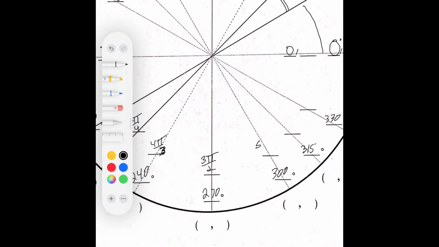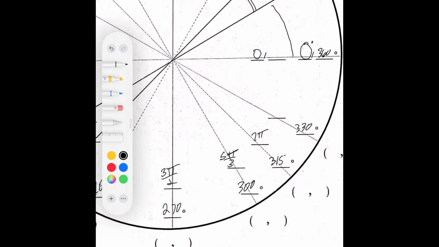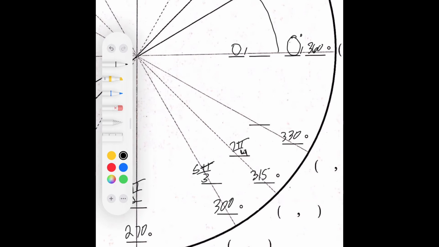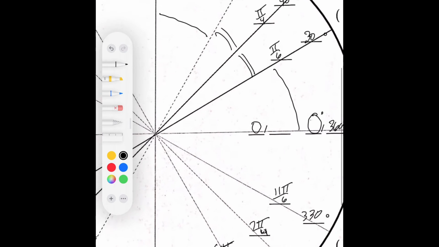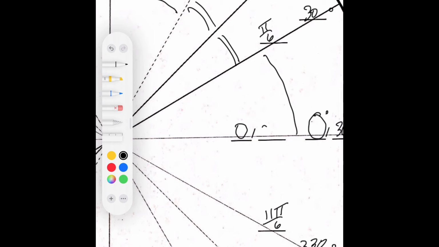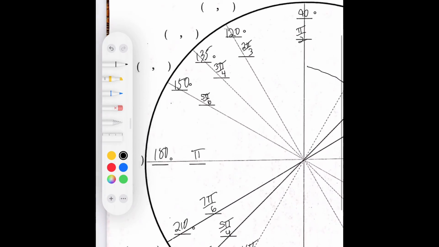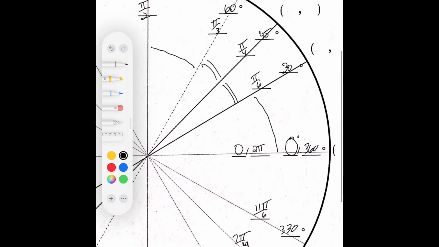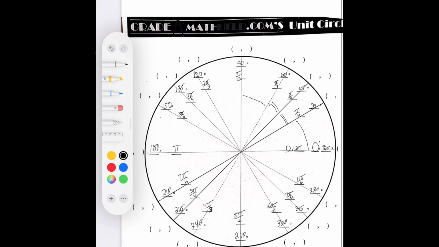This is 5/3, 5 pi over 3. How many fourths? 7/4, 7 pi over 4. And how many sixths? It's 11 pi over 6. So there's all my radians. Let's go back to the top, that's 2 pi. So halfway around the circle is pi, all the way back around is 2 pi. So there are your degrees and your radians.